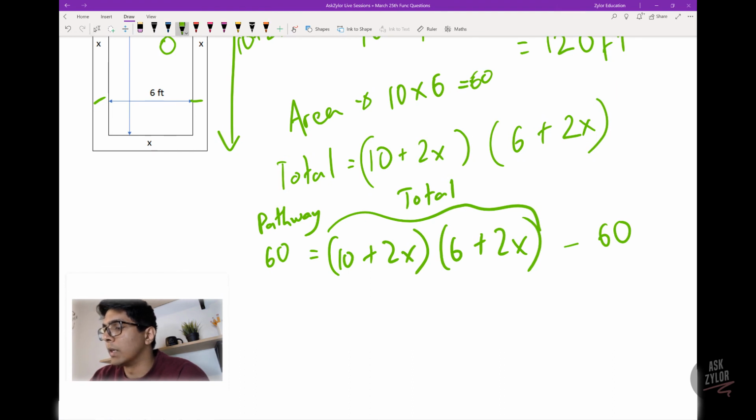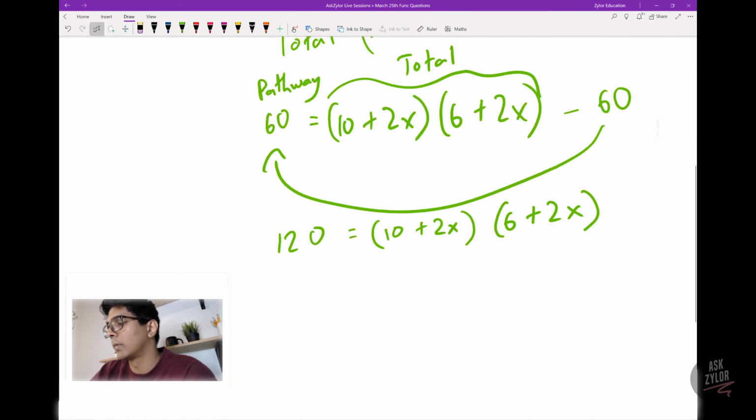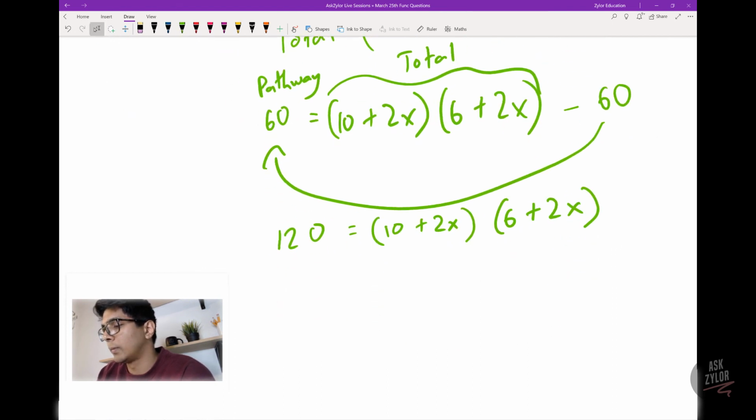So then I'm going to isolate and try to find my x values. So when I bring the 60 over, it becomes 120. So I have 10 plus 2x, 6 plus 2x, so I'm going to expand both these terms, make one side equal to 0.